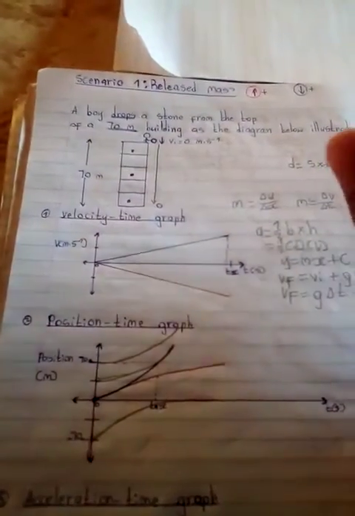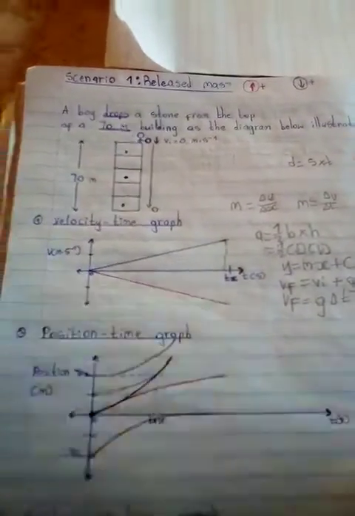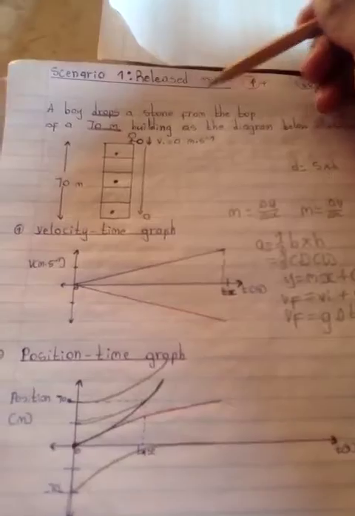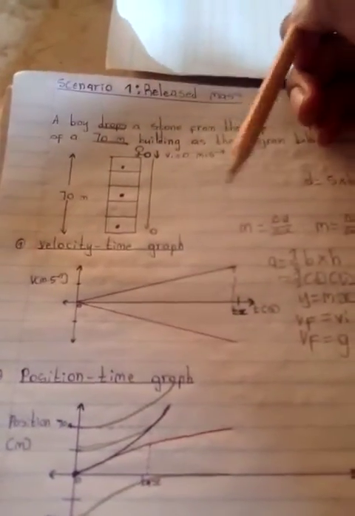And I think that's it about the position time graph for this scenario here. If you don't understand the position time graph or the velocity time graph, you can just inbox me on WhatsApp and tell me where you don't understand, and I will try to explain fully.